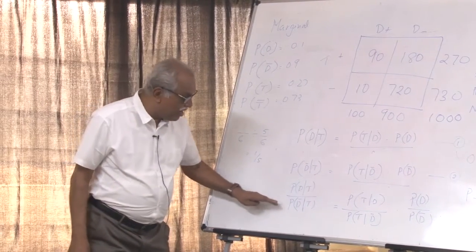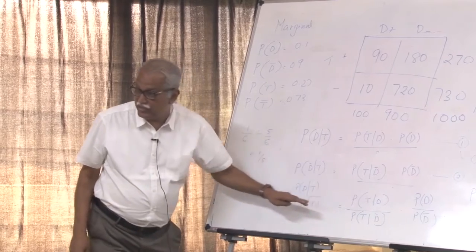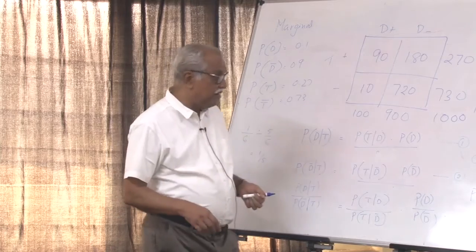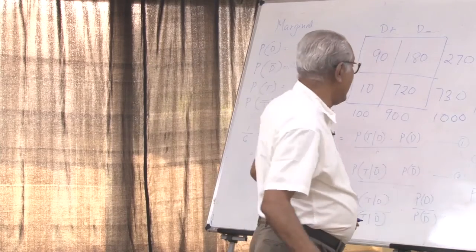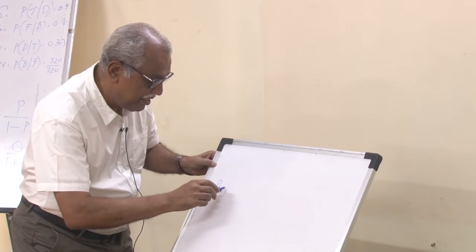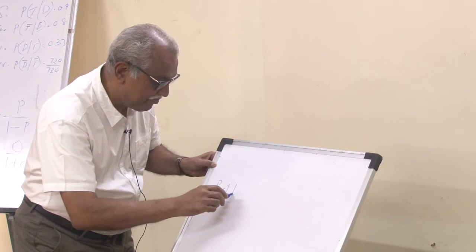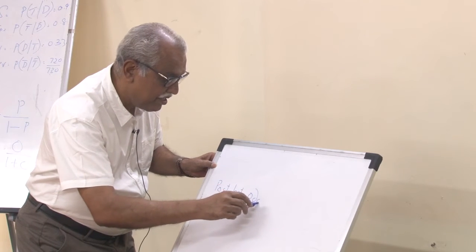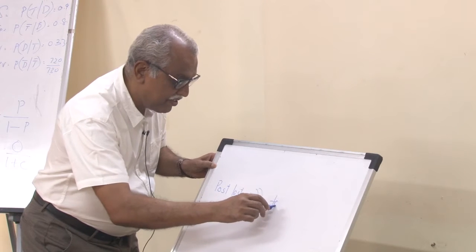So I can now rewrite this whole equation using a new kind of formula. Post-test odds for disease.